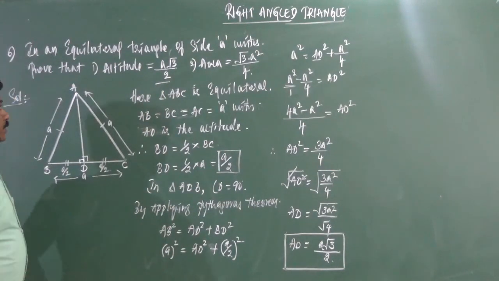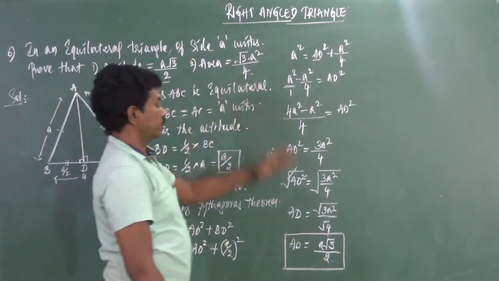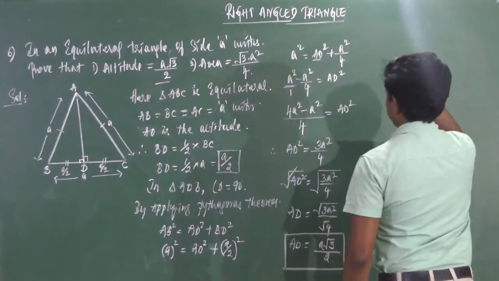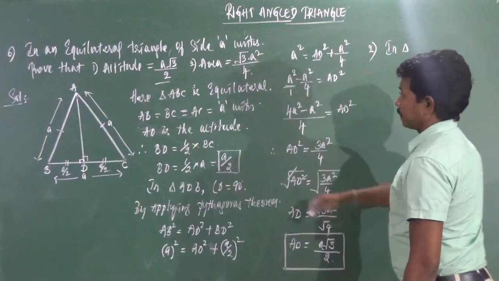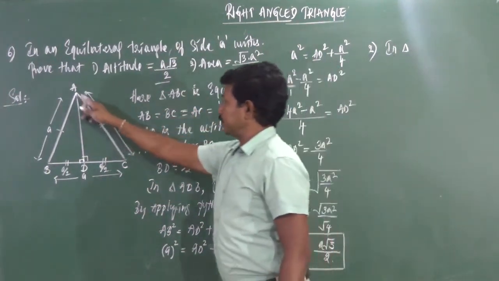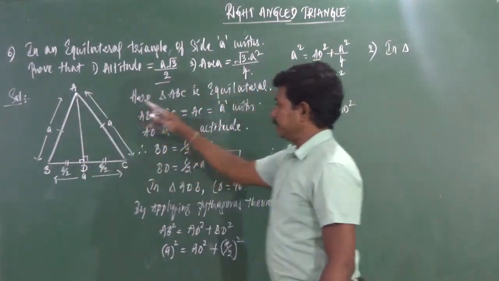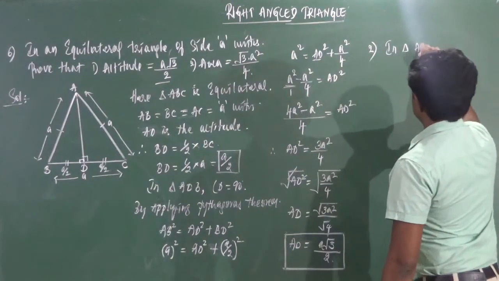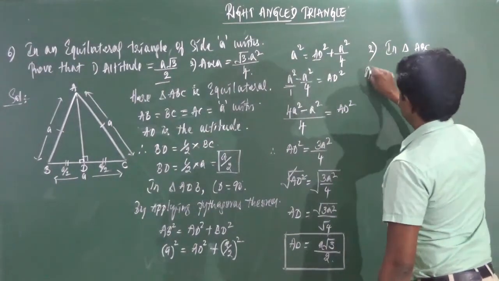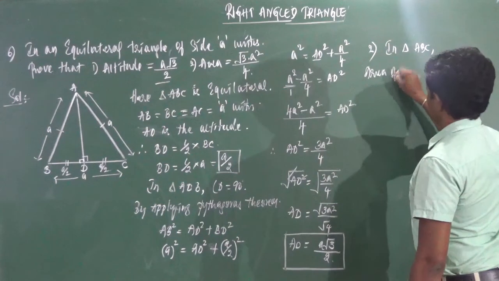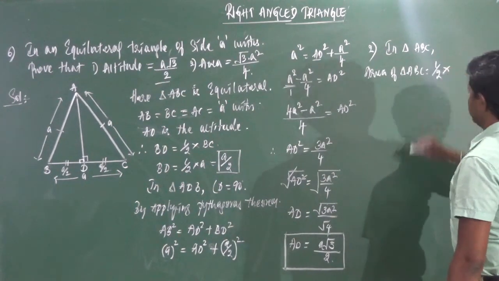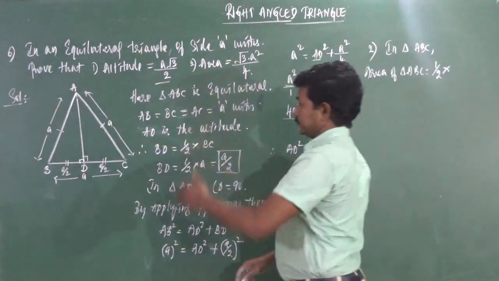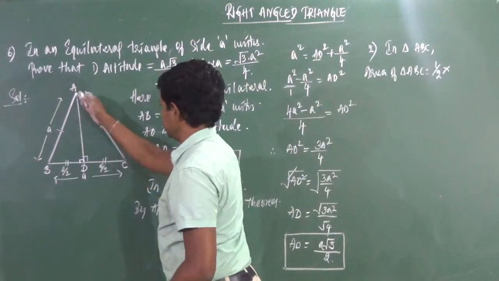So then we will go with area, that is the second question here. Now in triangle ABC, it's an equilateral triangle. Area of triangle ABC is equal to half into base into height.